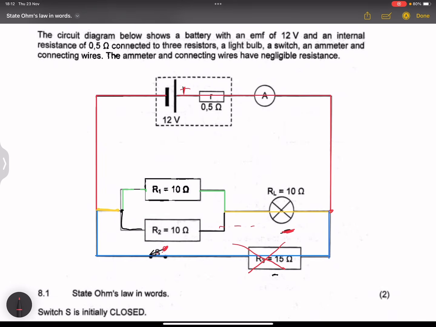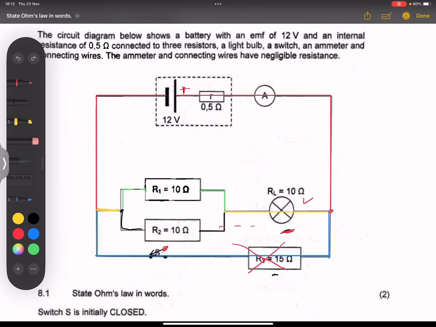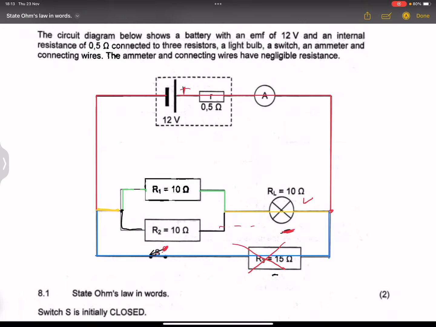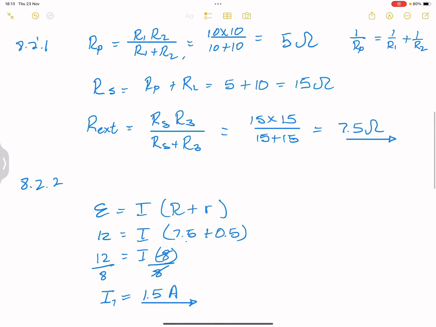So once you remove a resistor that is in parallel, remember what happens to the external resistance? It would increase, right? Because now you'd have 15 as your external resistance, because you'll have this 10 here, plus the combination of these, which is 5, okay? So it means that our R external has actually increased.